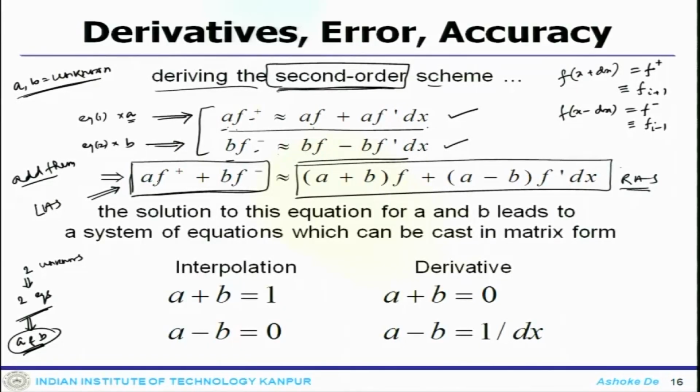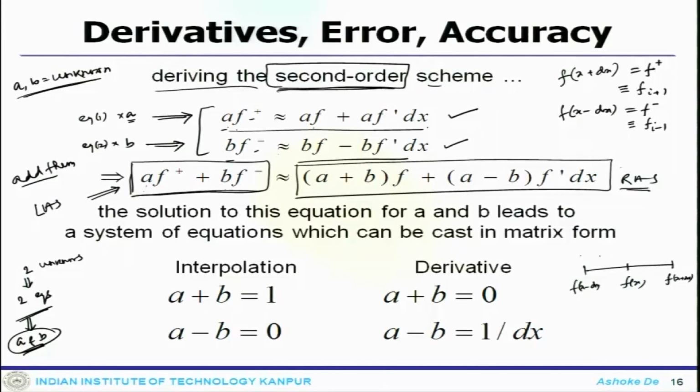So, that will have some values of A and B. Here is my function f at x, here is my function at x plus dx, and here is my function at x minus dx.